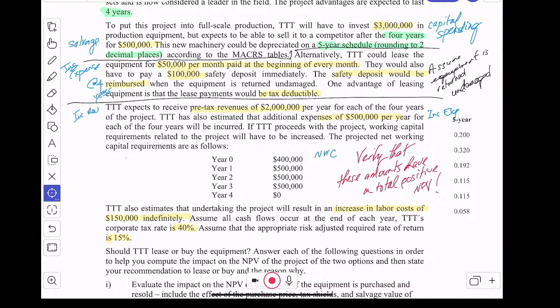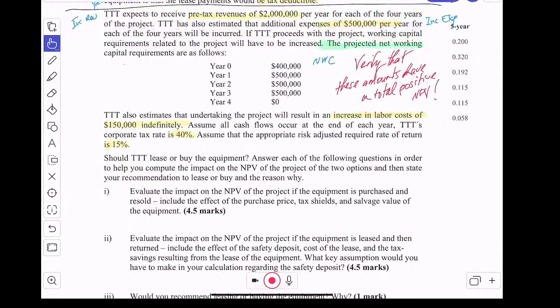So we're going to answer part I here. Okay, so evaluate the impact of the NPV of the project if the equipment is purchased and resold. Include the effect of the purchase price, tax shields, and salvage value of the equipment. So this is what we're going to work on.